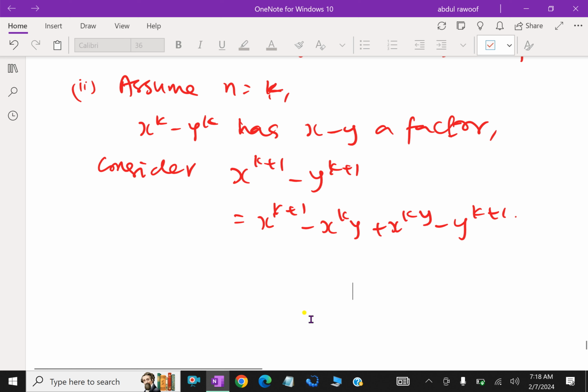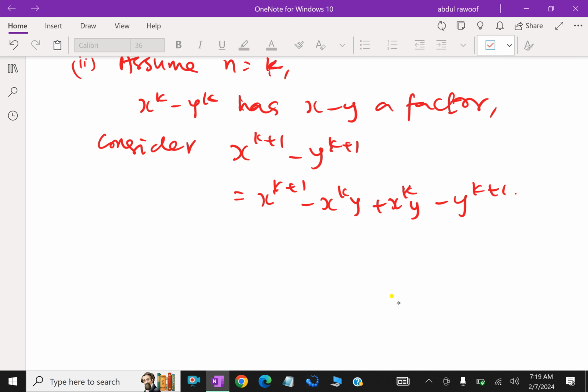That is, we are introducing the terms minus x power k y plus x power k y. Then take out x power k as a common factor here, x minus y, and y take out x power k minus y power k.